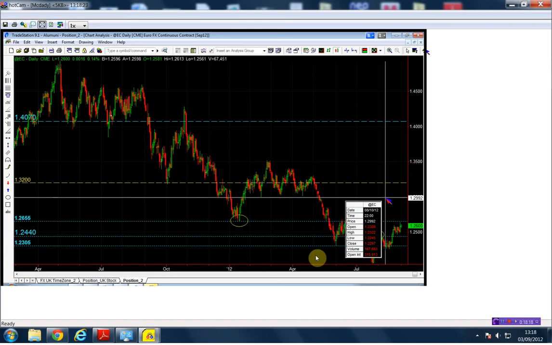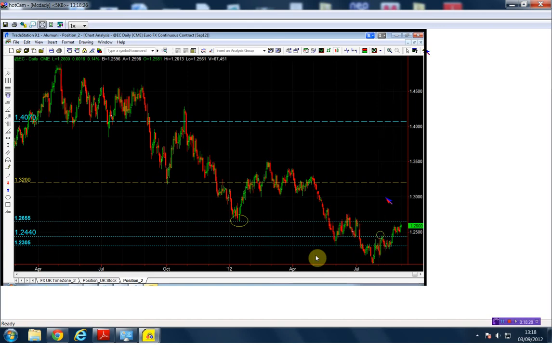But the key trigger for that would be the 126.55. So we trade what we see, we follow the rules, and the key for us now is what happens at the 126. We are now at 126 even.